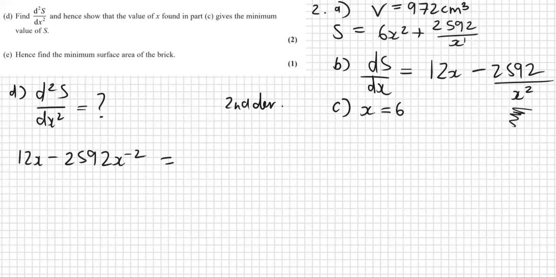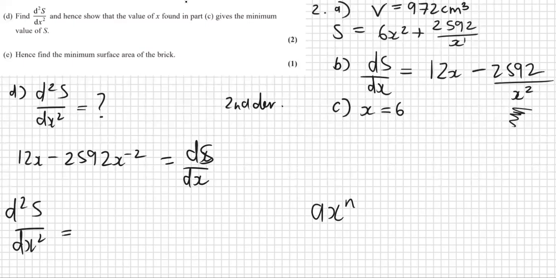This was our ds over dx. So now we want the second derivative, d squared s over dx squared. Take the ax^n, which would be changed to n times a x^(n minus 1).